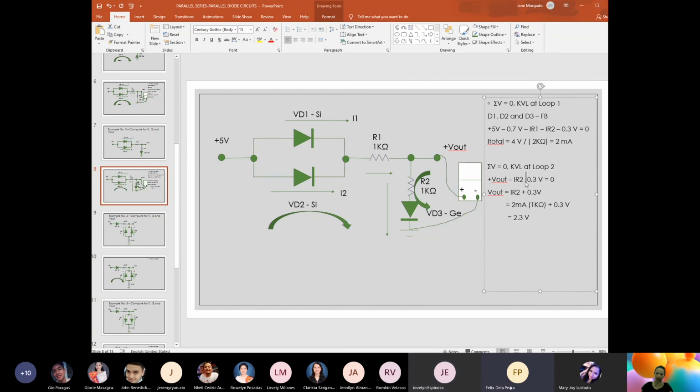For IR2, when the current and the loop are in the same direction, this is the direction of the loop, so the sign is minus. Otherwise, if the direction of the loop and current are reversed, like last week, it's plus.